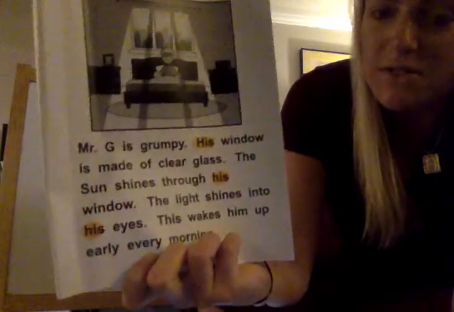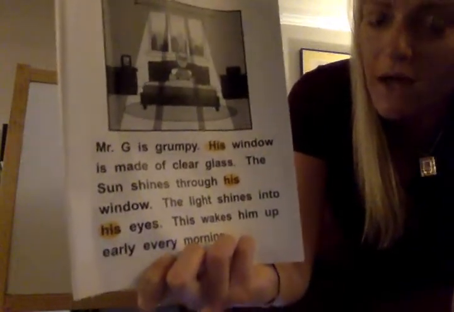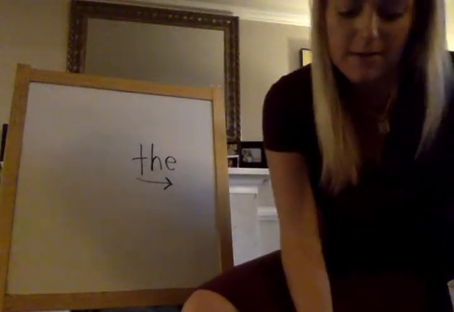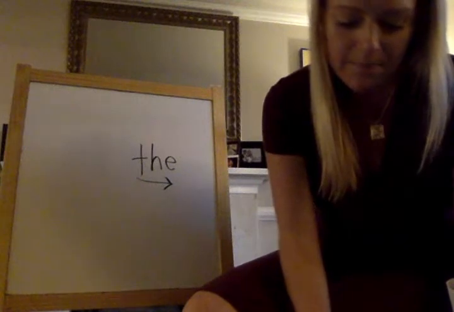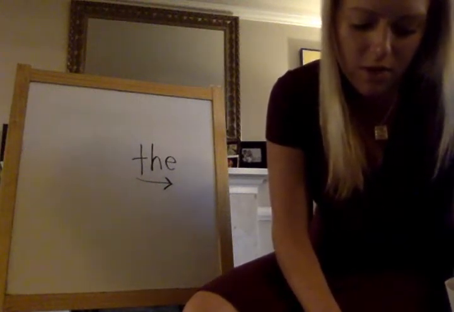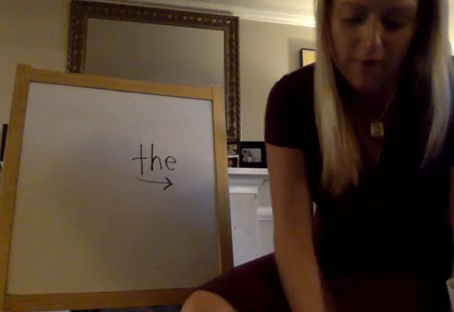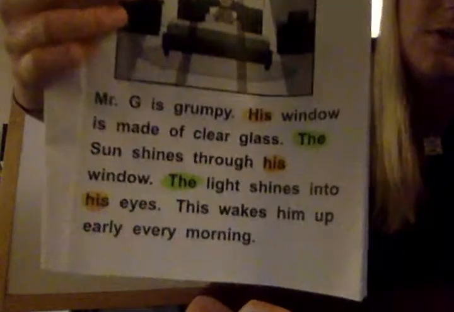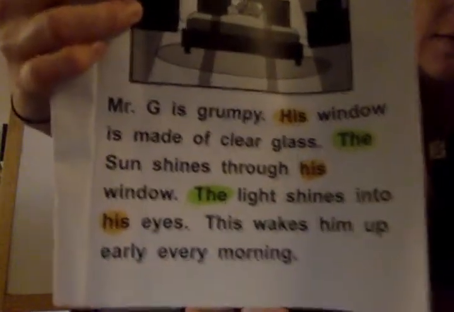How many times do we see the word the on page 1? I see it 1 time, 2 times. Color the word the on page 1. We have it 2 times.